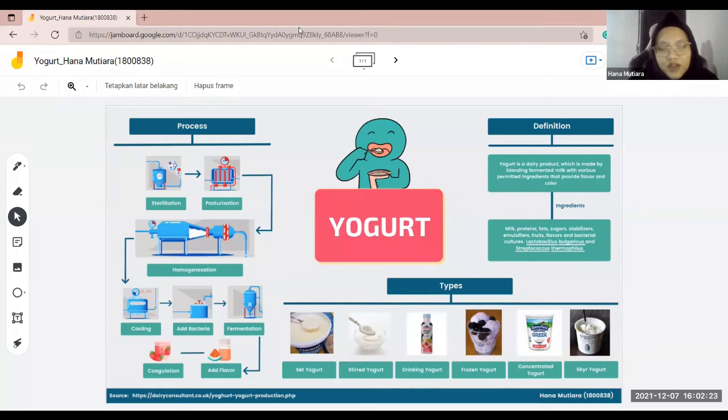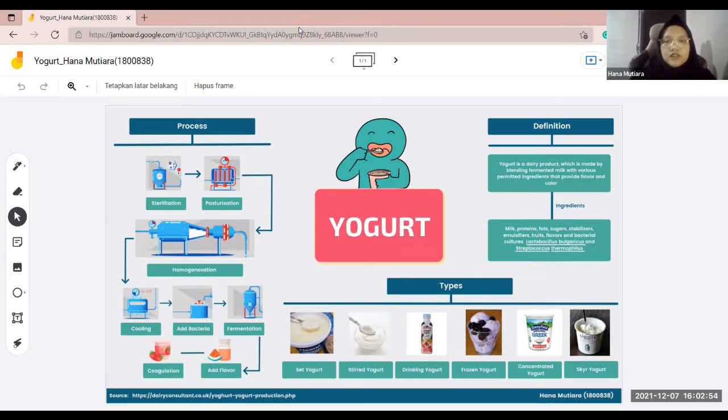So, which kind of yogurt is the healthiest or most nutritious? As I have found, the healthiest yogurt is skyr yogurt, because it is made from non-fat milk combined with live cultures, and it is really high in protein.